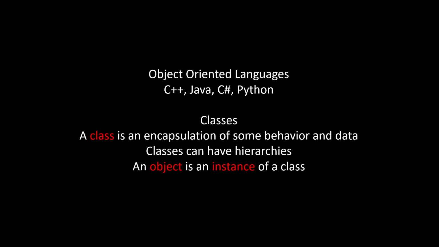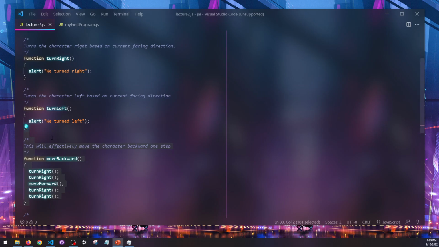I won't go too deep into it other than, all object-oriented languages have something called classes. A class is an encapsulation of some behavior and data. What does that mean? It means there's something that is going to be called a class. So let me go back to code.